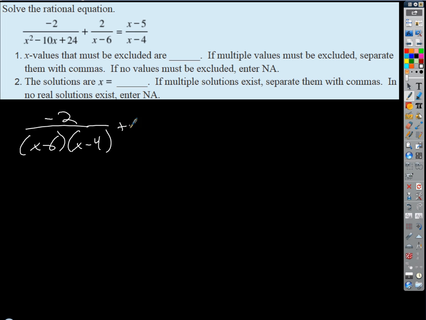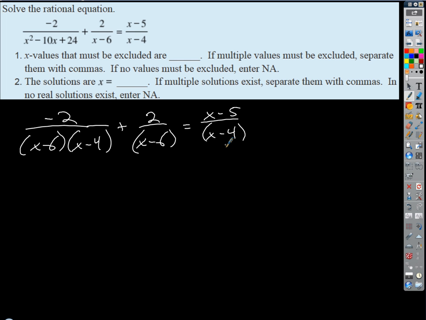So if that's the case, what's my least common denominator going to be if these are the factors in the denominators?